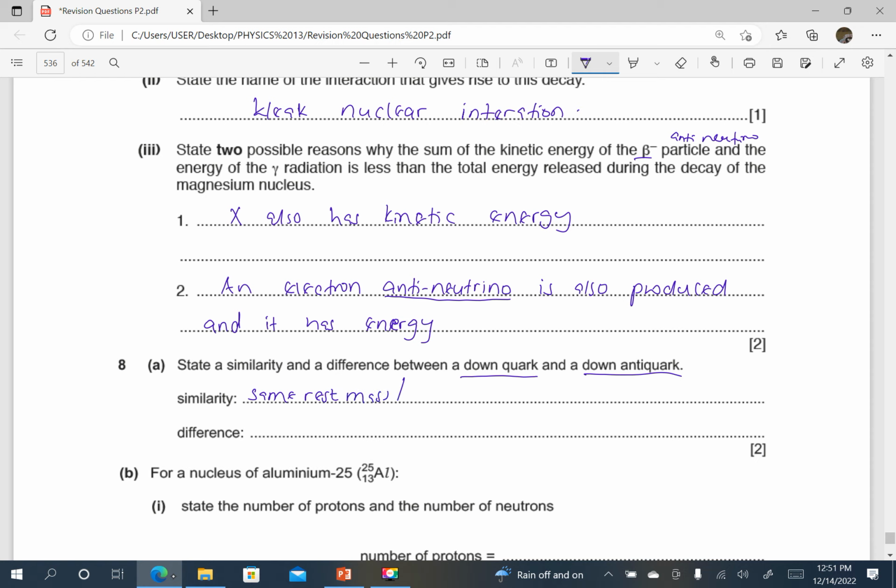That's one. Two, they have the same magnitude of charge. The charge of a down quark is -1/3e, and the charge of an anti-down is +1/3e. So the magnitude is the same. Number three, they are both fundamental particles.